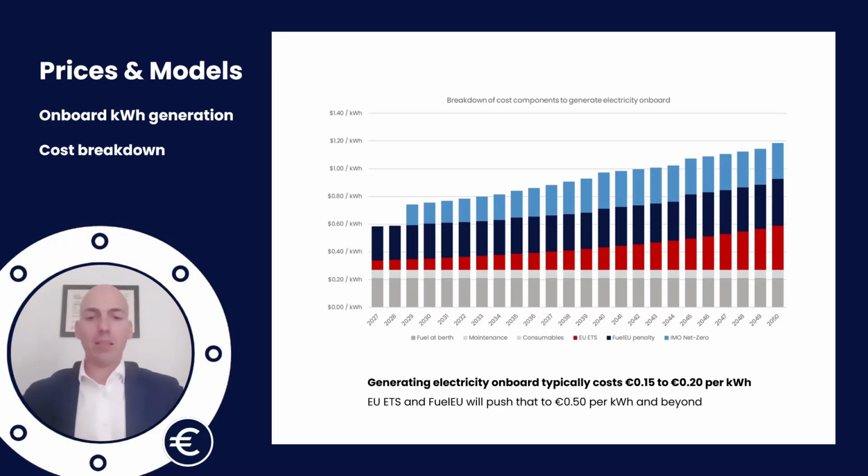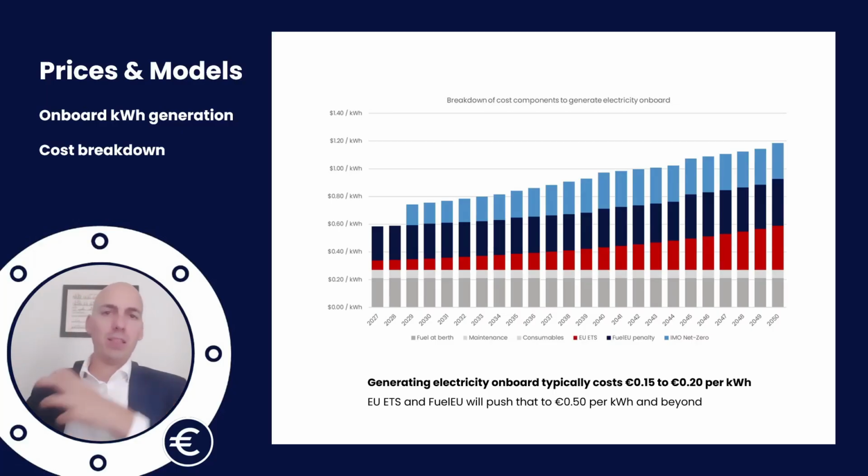And because of EU ETS and FuelEU, we're already approaching the 50, 60 dollar or euro cents per kilowatt hour. Could be even more once IMO kicks in ever, or if ETS prices really become a lot. This is the typical outlook.